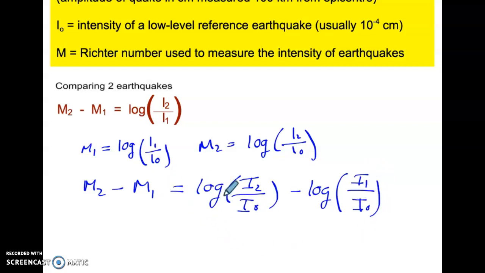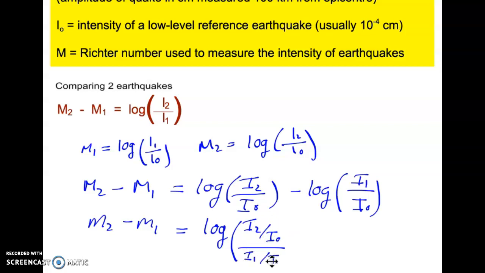Now I have on this right side 2 logs being subtracted, and those logs have the same base. So I can actually use the quotient law of logarithms, which tells me that I can take the log of the argument of the first divided by the argument of the second. So I2 over I naught divided by I1 over I naught.